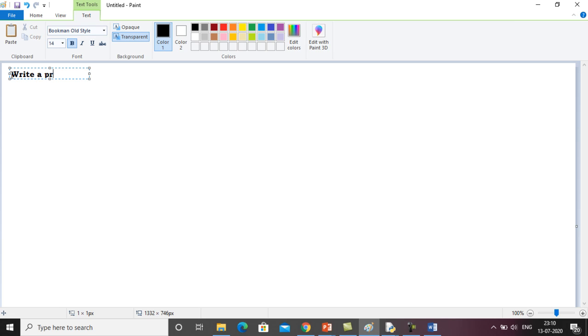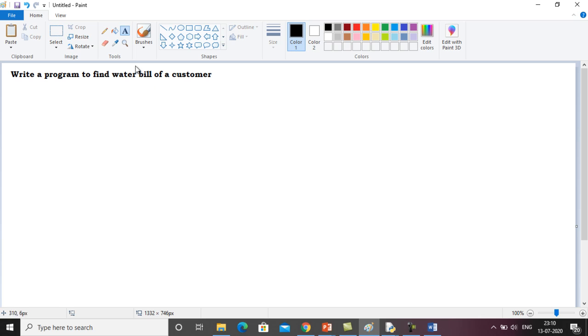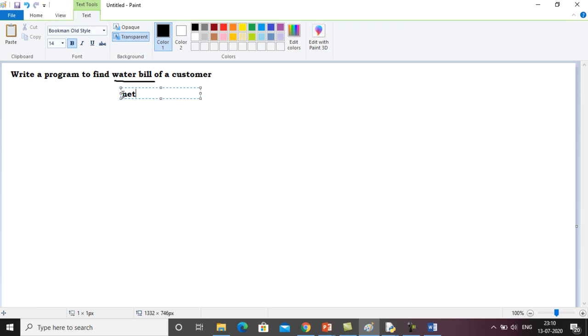According to the question, we have to write a program to find the water bill of a customer. Whatever cases are given, according to those we have to find the water bill. This water bill is the net bill: first the bill as per the units, and then we have to add the meter charge.